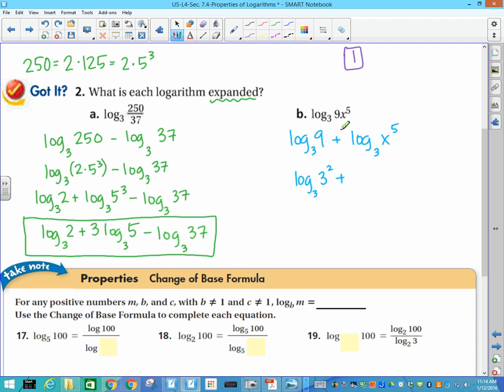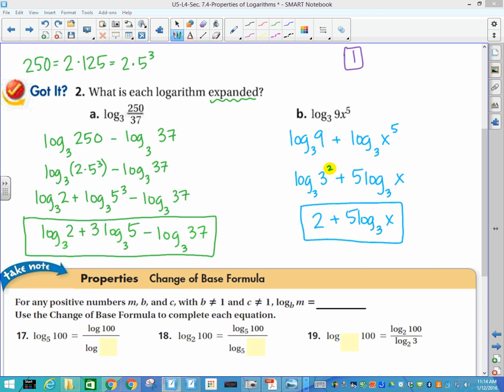Can't leave the 5 there, so I have to move it down front with my power rule. That becomes 5 log base 3 of x. And what's the log base 3 of 3 squared? The answer is right there in front of you. So this becomes 2 plus 5 log base 3 of x.